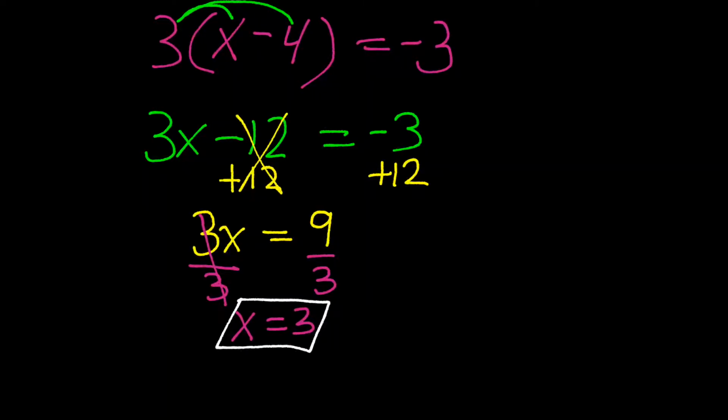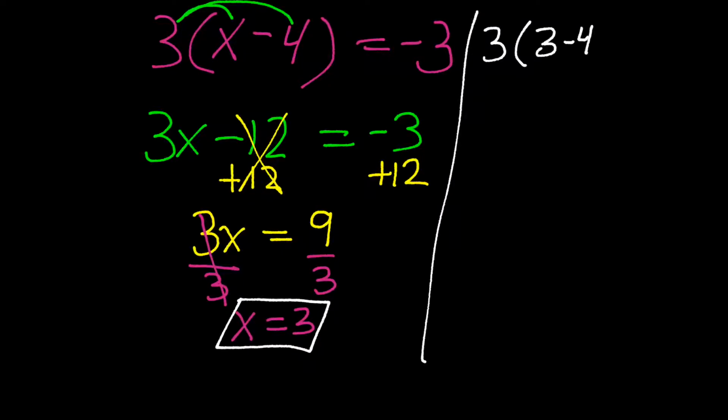But remember, we need to check our work. So we have 3 times, and I'm going to substitute 3 in for x, so 3 minus 4 equals negative 3. Now, we could distribute here, but since there's nothing unknown in the parentheses, we should follow our order of operations and solve what's in the parentheses first.